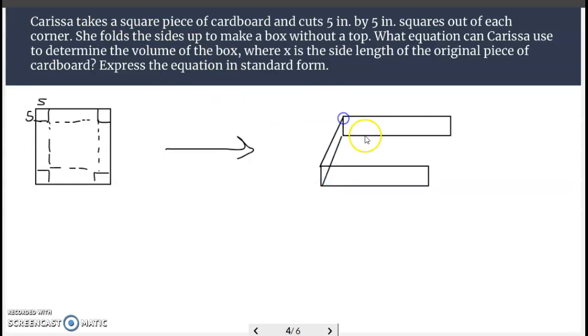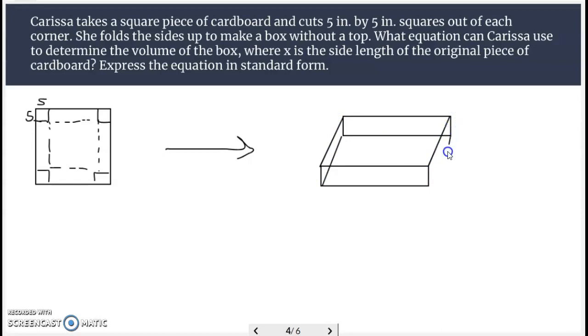So this is like the 3D shape after she folds up. They don't tell us how long the box is, but we could just call that x from one side to the other. Keeping in mind we're folding off 5 by 5 corners of each one.